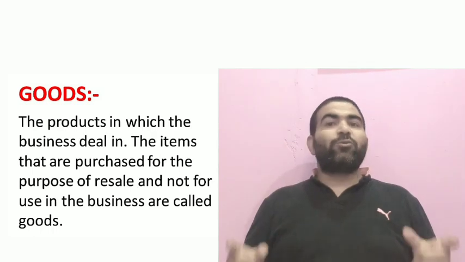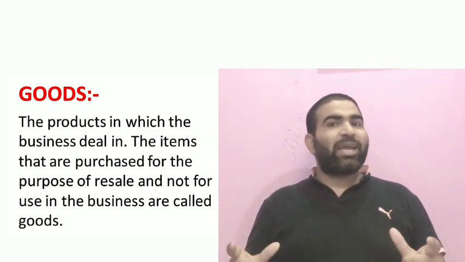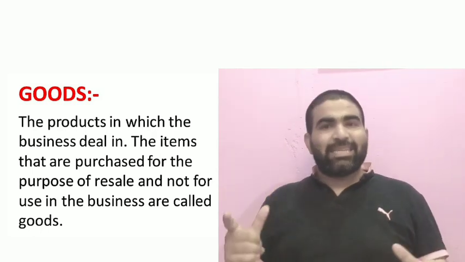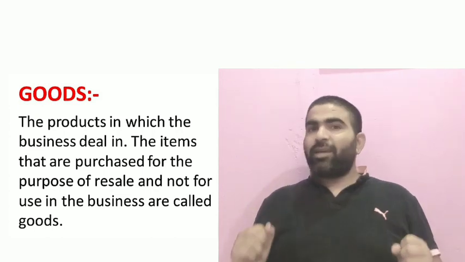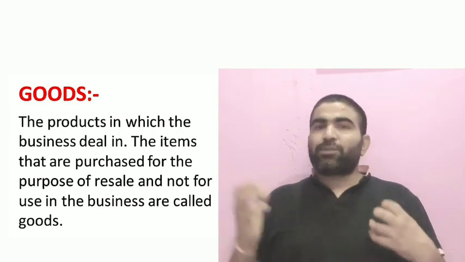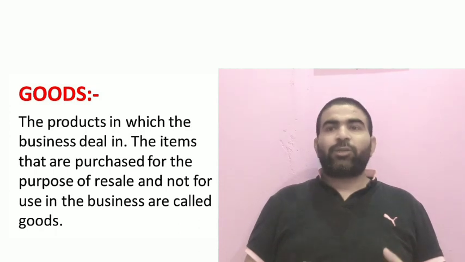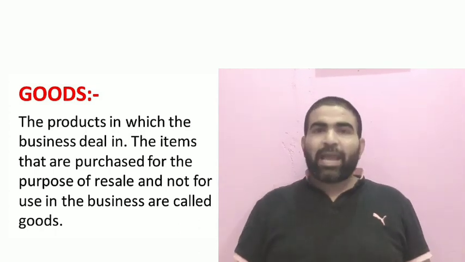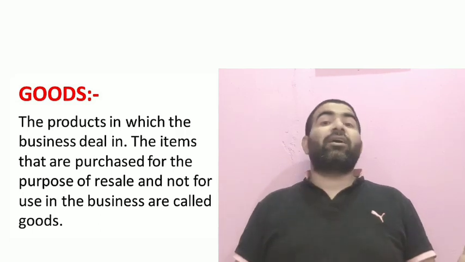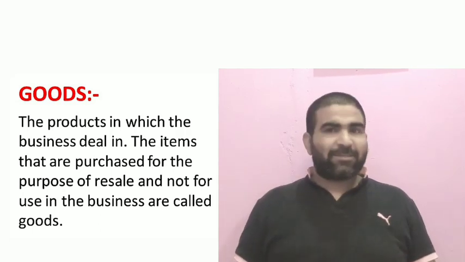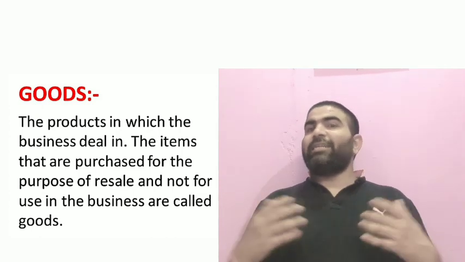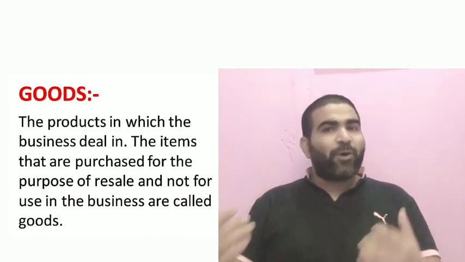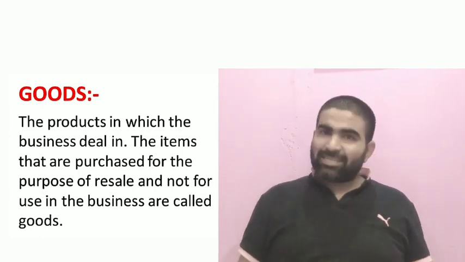But if you purchase a bike and sell it to the customer, that bike is treated as goods for the business. So it's very easy to identify goods and assets.